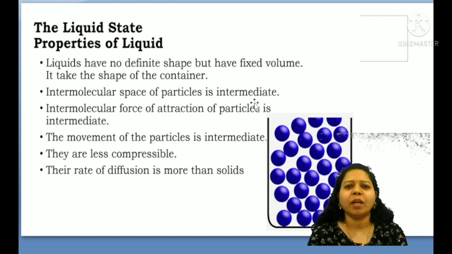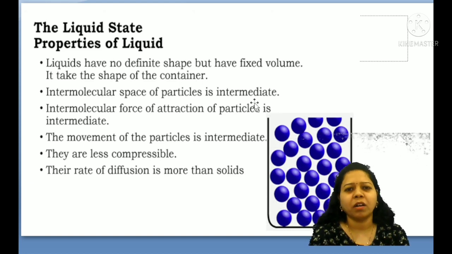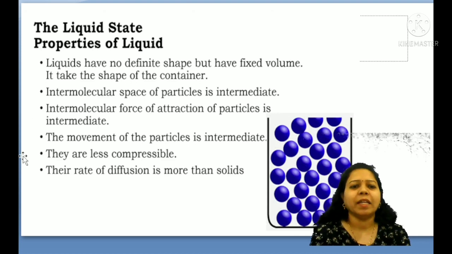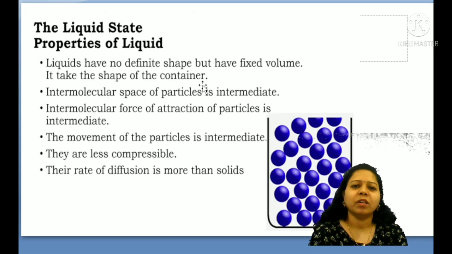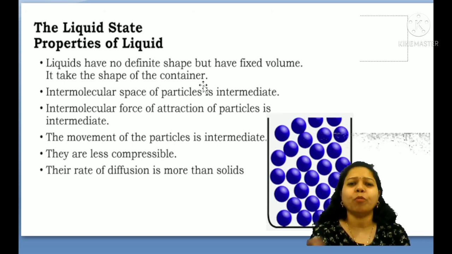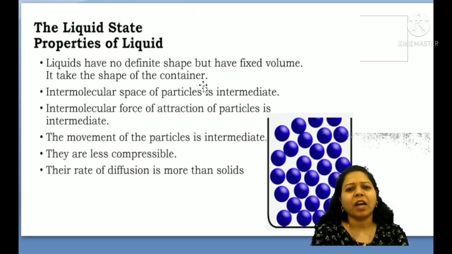If we are taking 100 ml water in a glass or beaker or in a bottle, the volume is fixed, it does not change, but the shape changes. That's why we are saying liquid has no definite shape but has a fixed volume. The liquid takes the shape of the container because it does not have a definite shape.